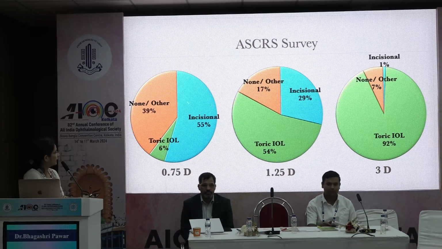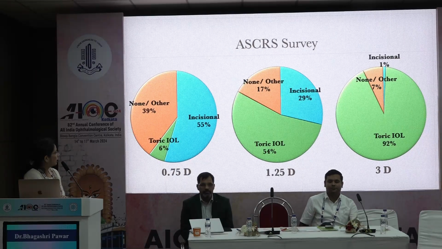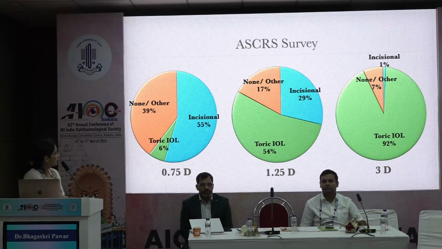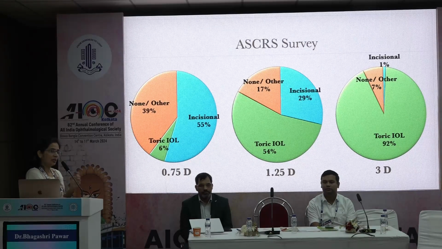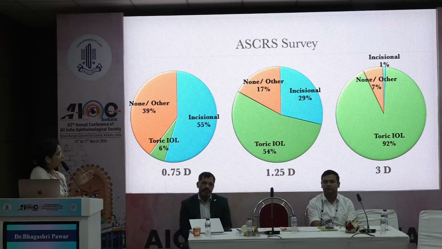For low astigmatism, 0.75, a large chunk of surgeons said that they would do incisional, and a small number said that they would not even treat that amount of astigmatism. When the astigmatism goes to 1.25, most of them said that they would go for toric. And when the astigmatism jumps up to 3 diopters, almost all of them said that they would go for toric IOLs.